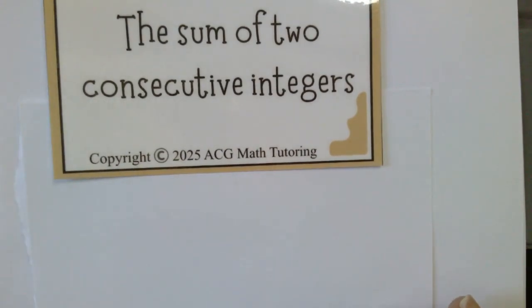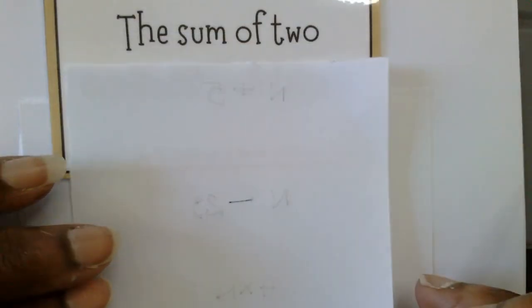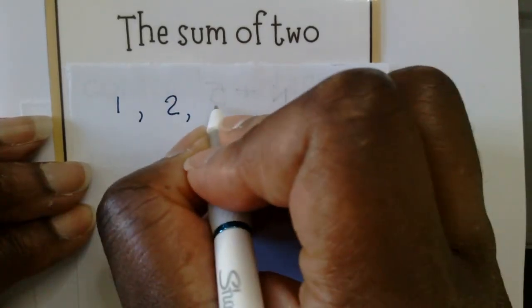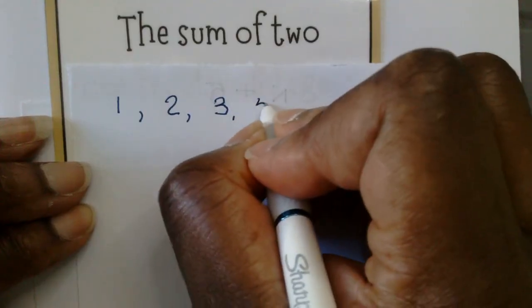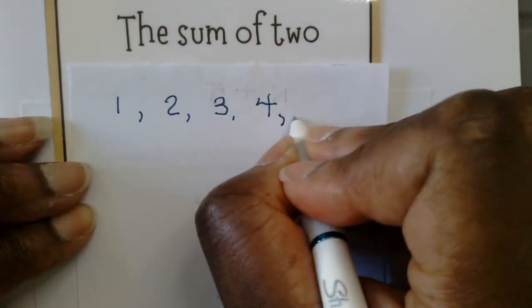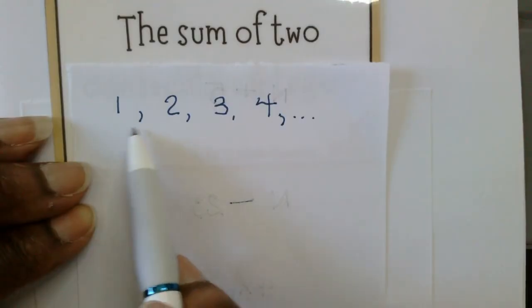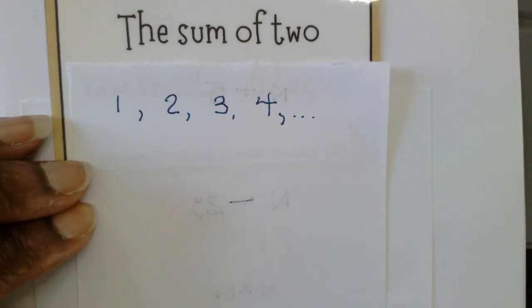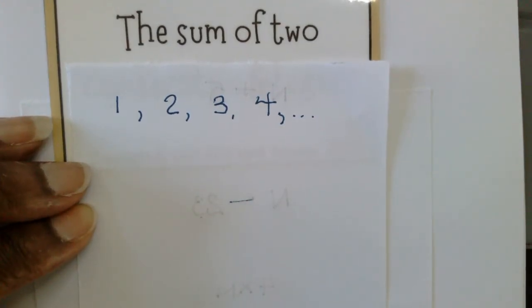So if I may, this is what I mean. Consecutive, if I go 1, 2, 3, 4, and it can continue on. Those are consecutive. So 1, 2, 3, and 4. There is a pattern.